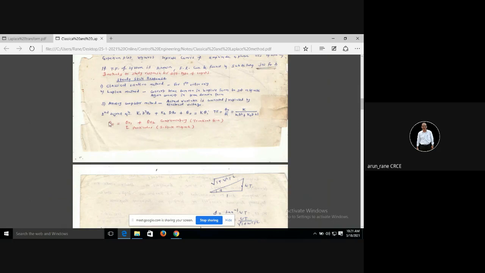You have to remember that the solution of your differential equation is in two parts, theta O1 plus theta O2. One part is your particular solution, which is nothing but the steady state response, and theta O2 is called the complementary solution, which gives you the transient.